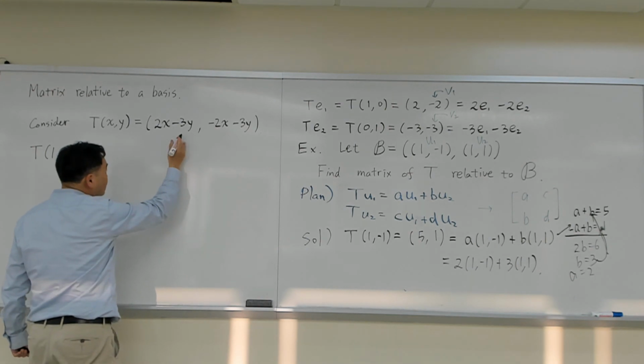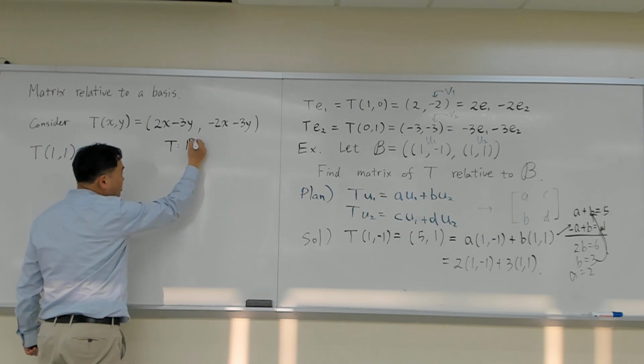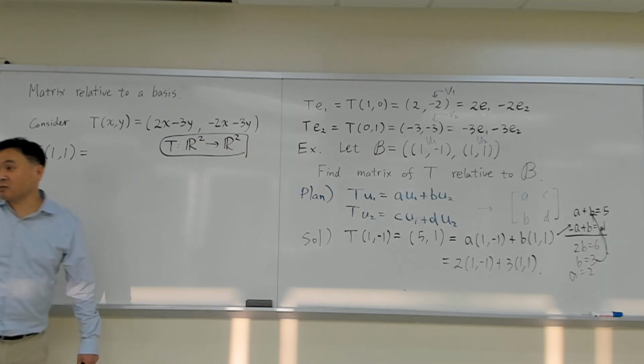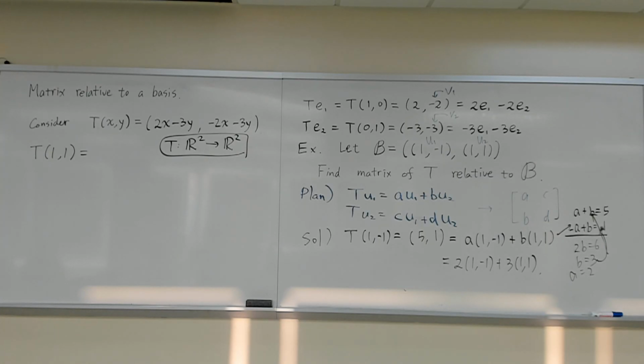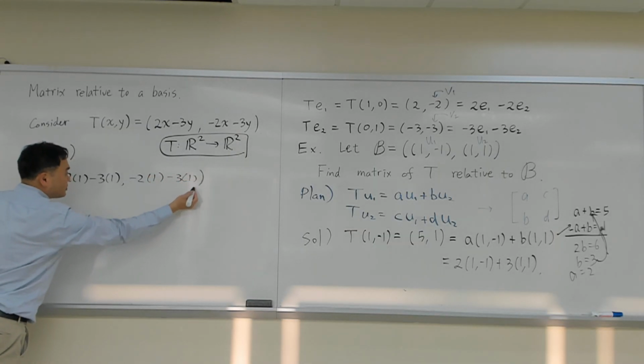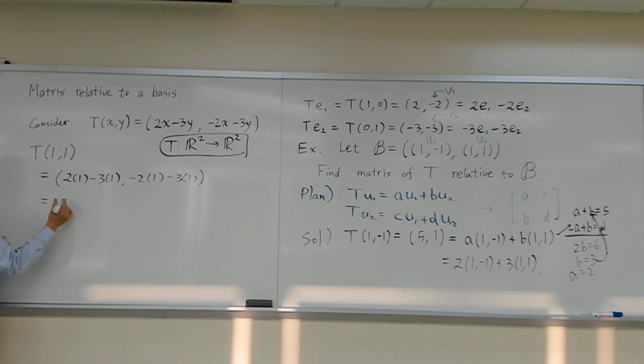In other words, T is a function from R2 to R2. And whatever you plug in, all you have to do is plug in those numbers to calculate this. So it's going to be 2 times 1 minus 3 times 1, negative 2 times 1 minus 3 times 1. And that's going to be 2 minus 3, negative 2 minus 3, which is negative 1, negative 5.